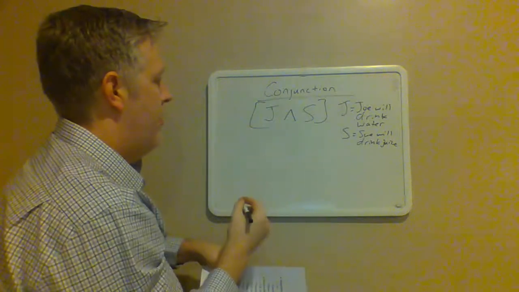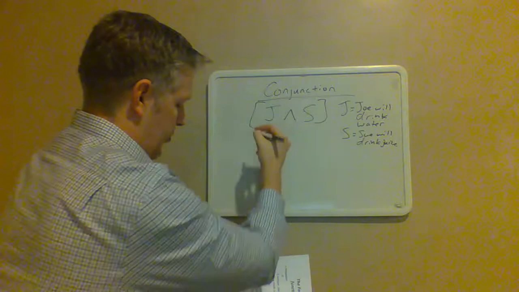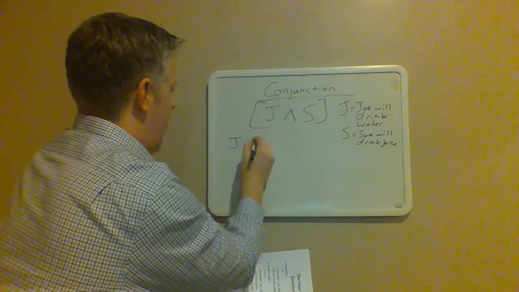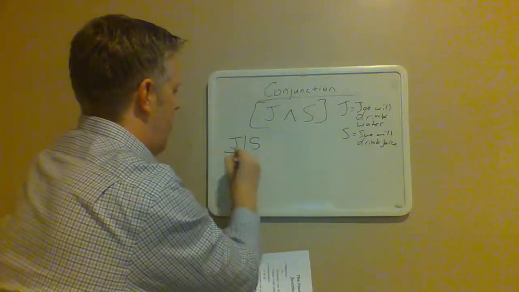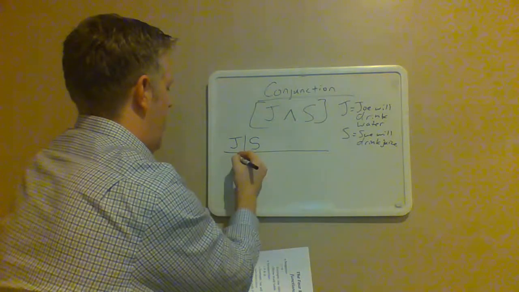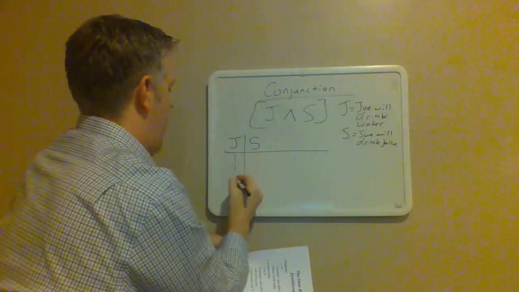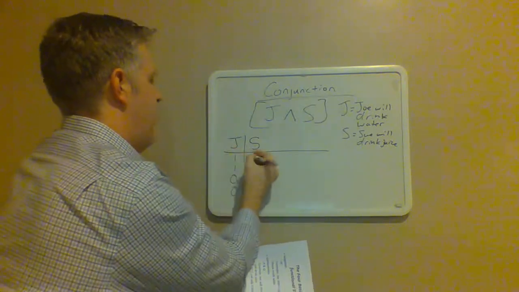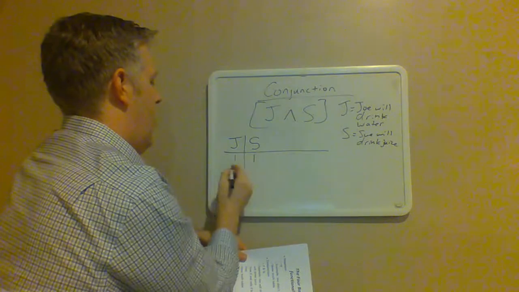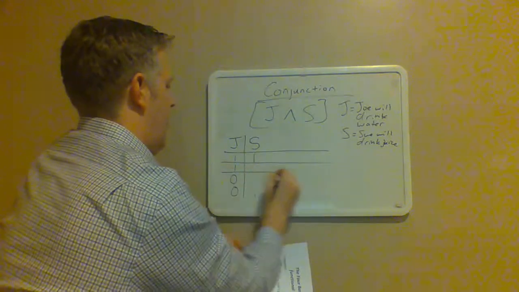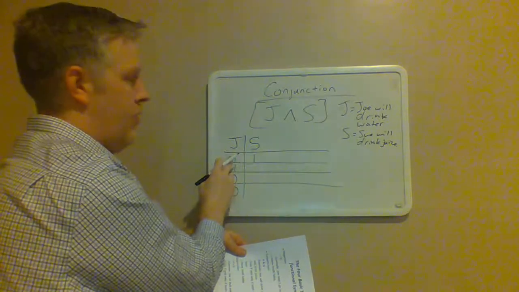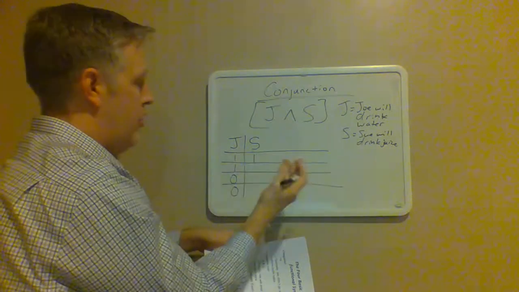So how will this look in a truth table? We start with our reference columns on the far left. They represent all possible combinations of truth values. It could be the case that both Joe will drink water, that's true, and Sue will drink juice, that's also true.